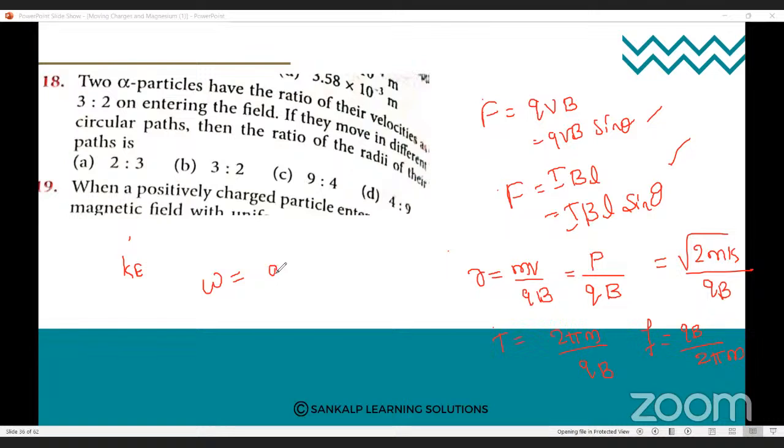It is given by qB upon m, and the kinetic energy is equal to q square B square r square divided by 2m. This is for the circular path.